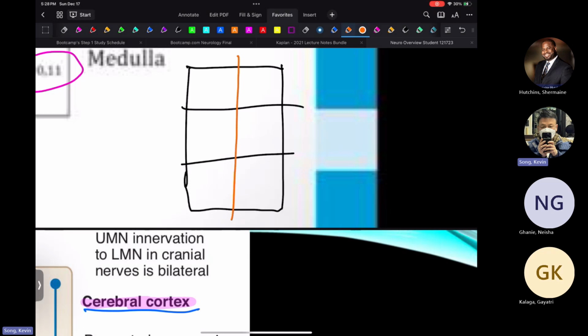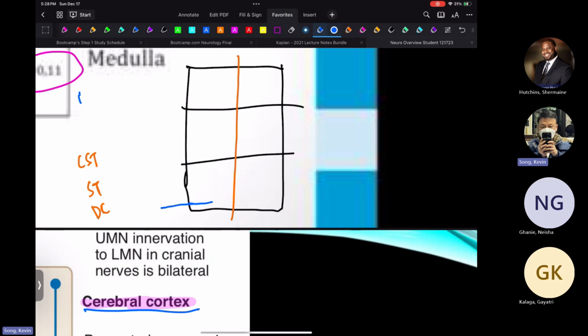You only need to know three pathways: corticospinal tract, which is motor, and then spinothalamic and dorsal column, which are sensory. The dorsal column pathway comes in here, and let me just redraw.